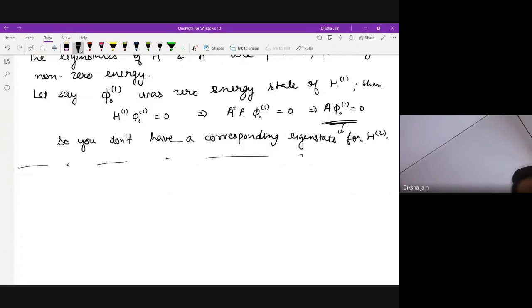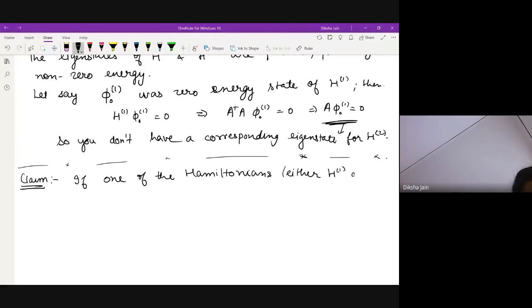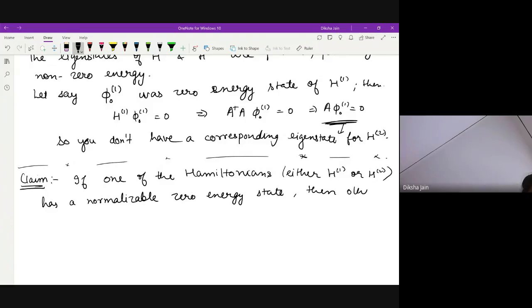The claim is that if one of the Hamiltonians, either H1 or H2, has a normalizable zero energy state, then the other one will not.